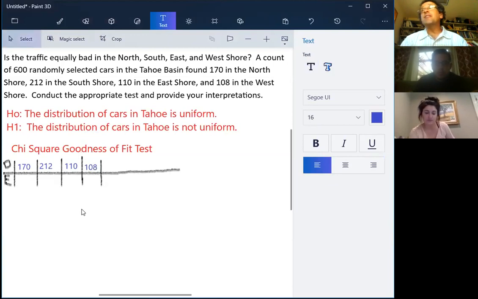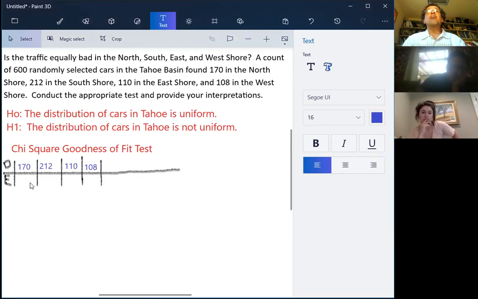You're going to find this not too hard. Again, the hardest part is actually deciding that this is what we need to do. Doing it is pretty easy. Now comes the part that you have to think about a bit. This is the expected. So expected means H naught is true. If we have a uniform distribution and we had 600 cars, how many would we expect in the North Shore? 150.